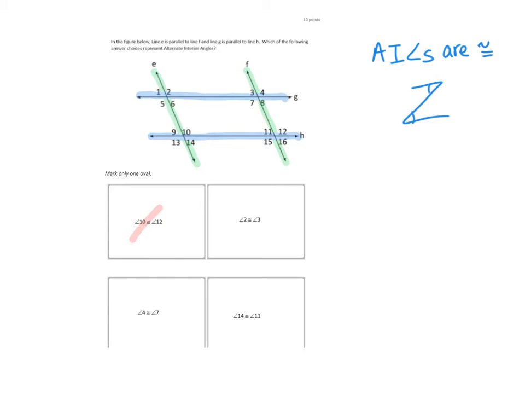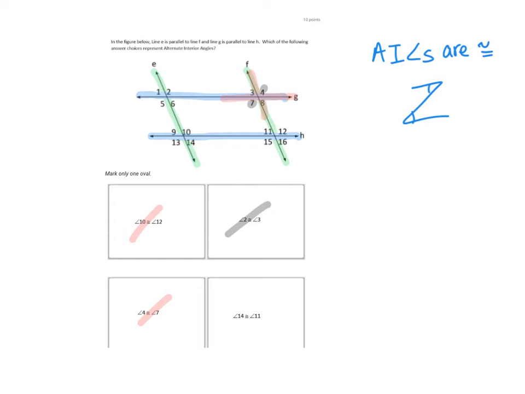Angle 2 and angle 3. These are also same side interior angles and they add up to give you 180. So that is incorrect. Angle 4 and angle 7. These form an X. They are vertically opposite angles. So these are vertical angles that are congruent. So that is incorrect.